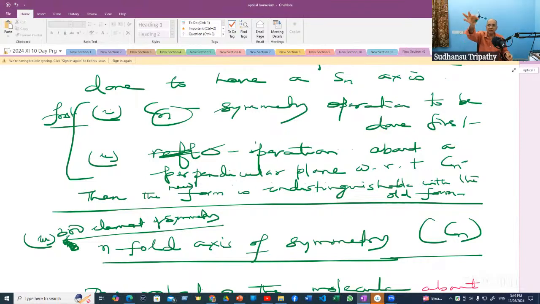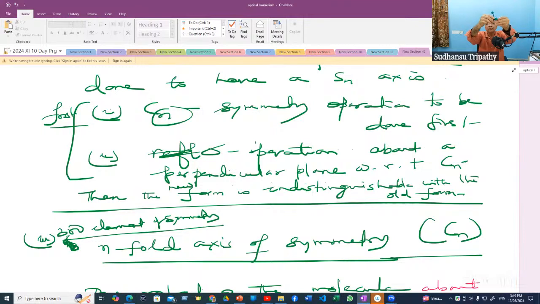Now, supposing this is methane, deliberately I have made these two green, two white, but all are actually white, only to show you that they are indistinguishable after two successive operations.